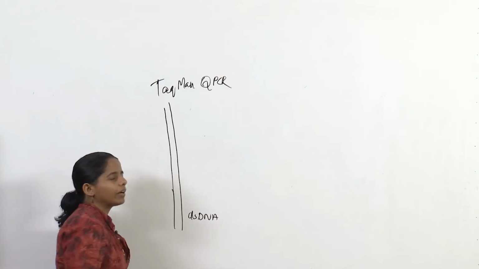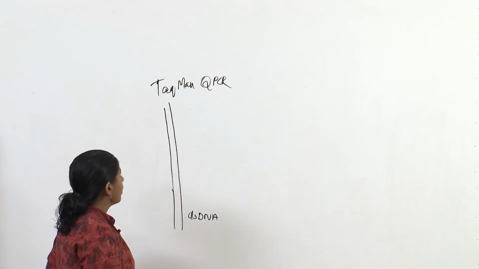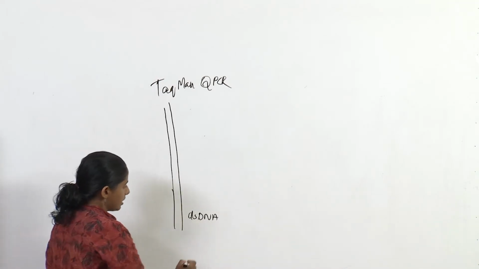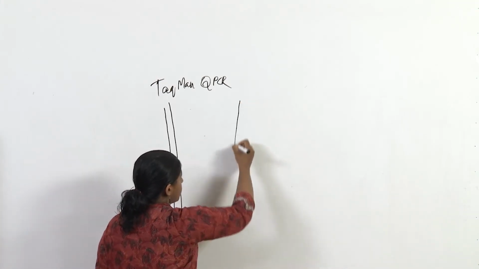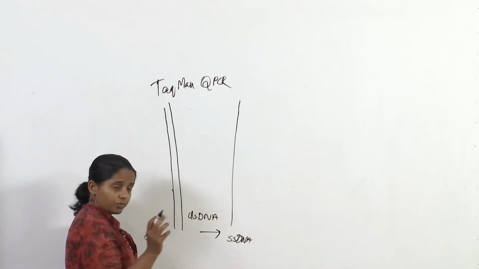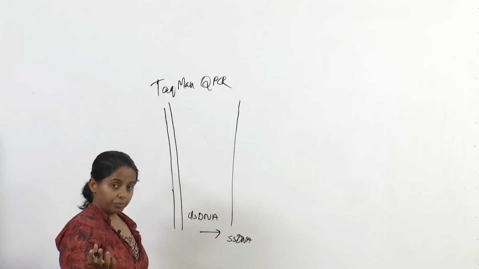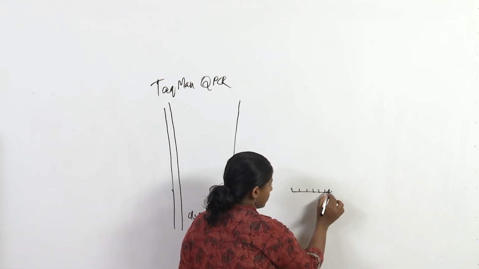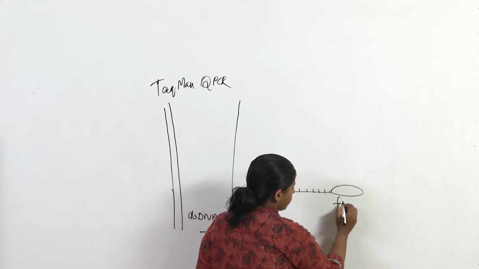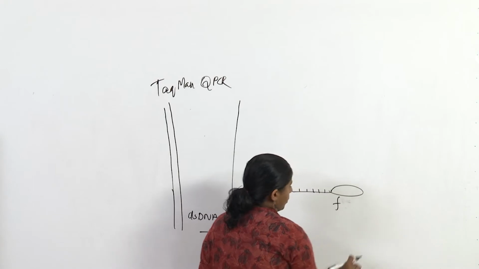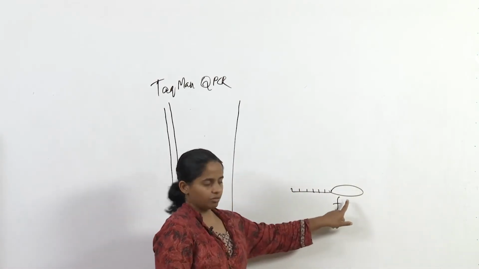Now, in TaqMan quantitative polymerase chain reaction, what happens is, after dsDNA, double stranded DNA, undergoes denaturation and becomes single stranded DNA, in the reaction we have added a probe. Now, this probe has some sequence, ATGC sequence, and it has a fluorophore. So, this is a sequence and this is a fluorophore.